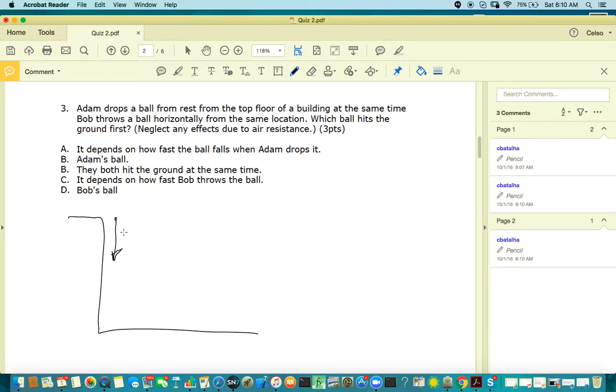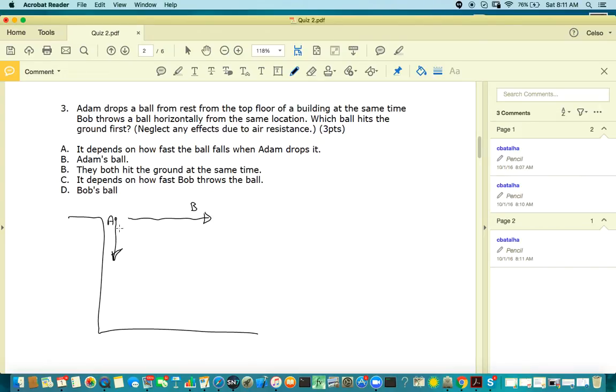And Bob throws the ball horizontally, so it goes like this. This is Bob, this is Adam. From the same location, which ball hits the ground first? And you have to neglect air resistance.